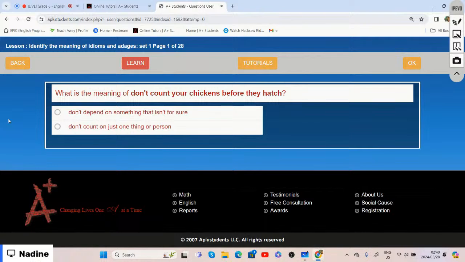So don't count your chickens before they hatch. What does it mean? All right. Some are saying it's option one, some are saying it's option two.